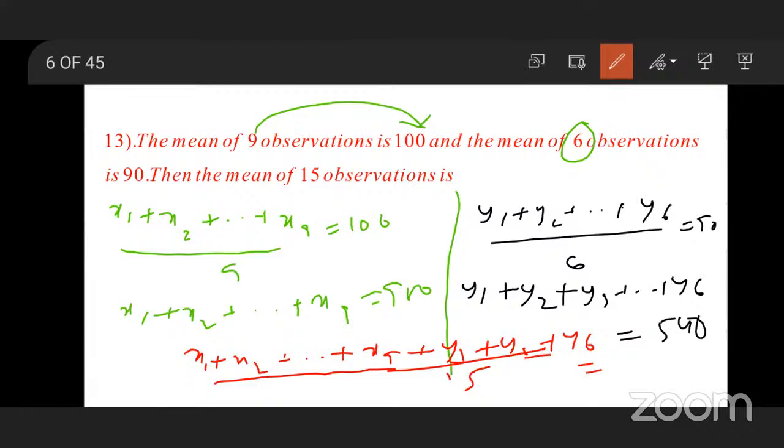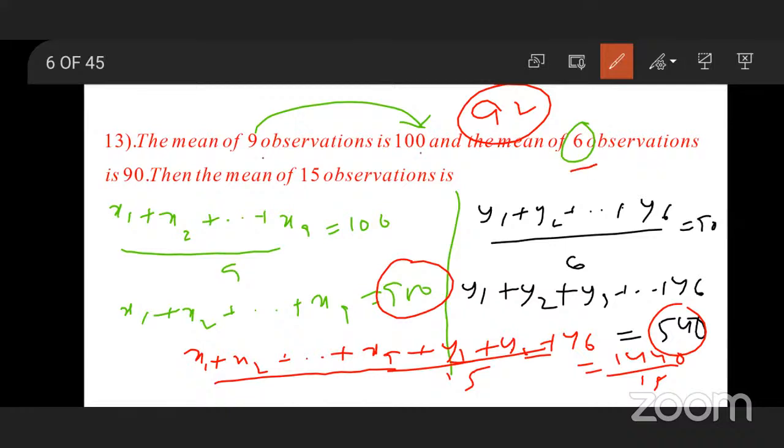Therefore, indirectly, 900 plus 540 is equal to 1440. 1440 by 15, we get 92 as our solution. This is the way of procedure, and the previous slide is just the shortcut method. 9 into 100 is 900, 6 into 90 is 540, 900 plus 540 is 1440, and 1440 by 15 is 92, the mean of the 15 observations.